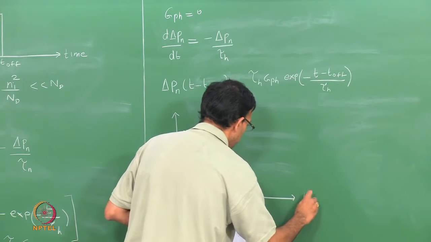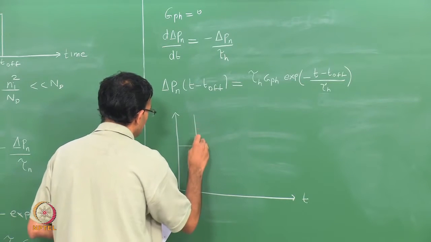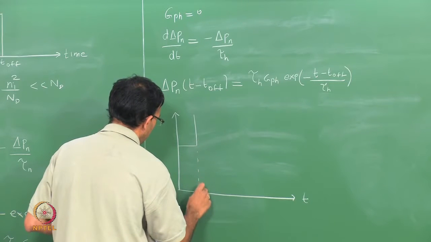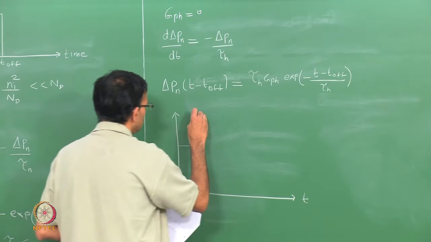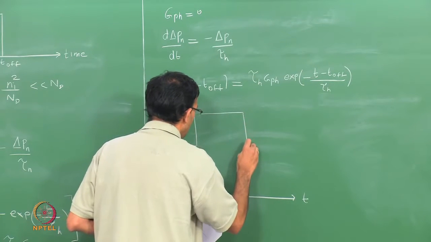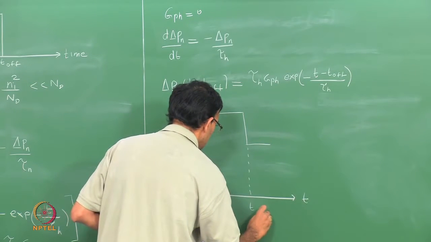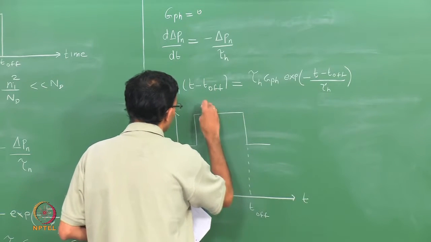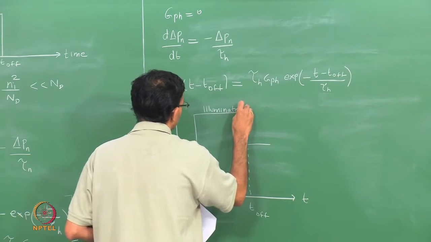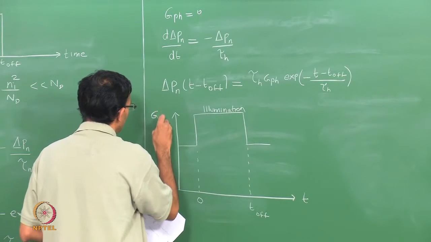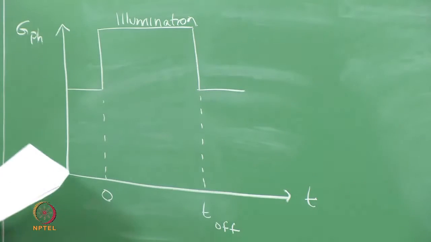So, this is time. So, we will first replot the light. We said that at time t equal to 0, we turn the light on, and at time equal to T off. So, this is your illumination. So, this is Gph. So, what happens to the concentration of the holes?